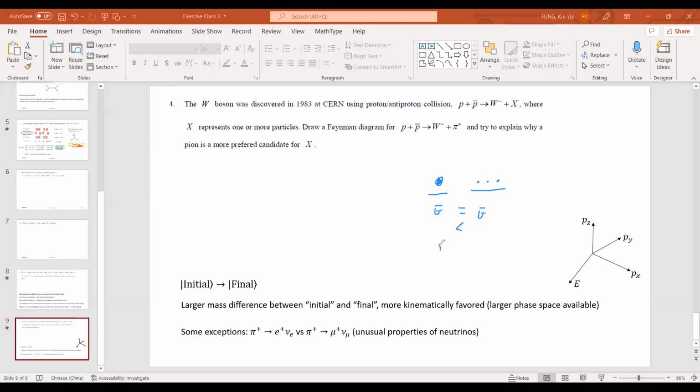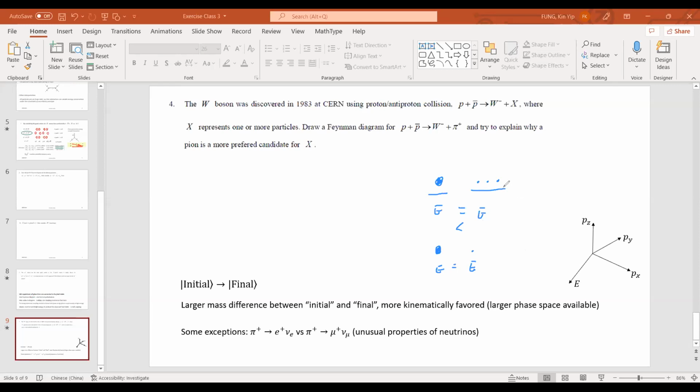On the other hand, if the mass difference is large, then the final state has more freedom to choose the energy and momentum, because even when the energy is larger, the total can still equal the initial energy.